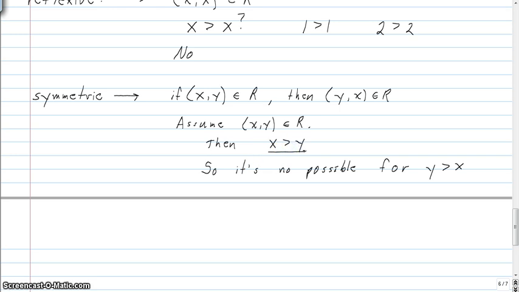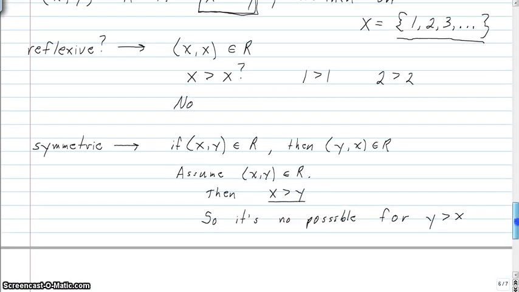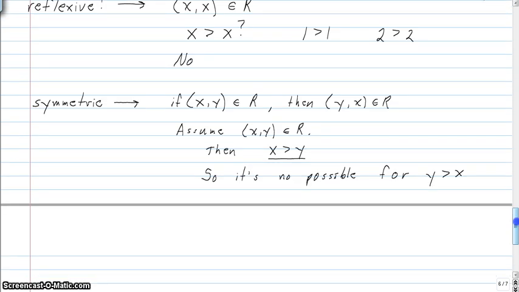We can't have it both ways. We're talking about positive integers, and so this element yx cannot be in the relation. So this is not symmetric.